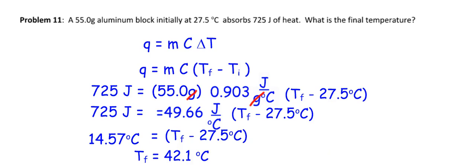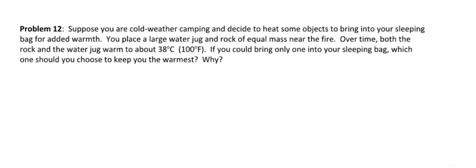So why don't you try out problem number 12? Suppose you are cold weather camping and decide to heat some objects to bring into your sleeping bag for warmth. Sounds good. You place a large water jug and a rock of equal mass near the fire. I'm not sure how you did manage that, but okay. Over time, both the rock and the water get nice and warm and cuddly, okay? But if you can only bring one to your sleeping bag, which one should you choose to keep you the warmest and why?